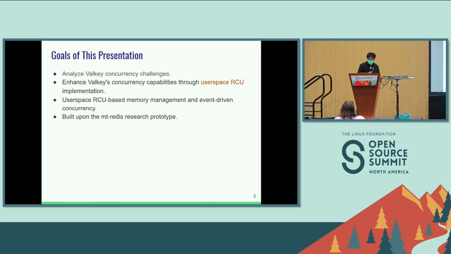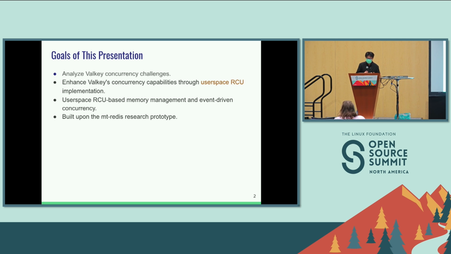And we try to improve the concurrency capability by means of integration of Userspace RCU. And then we want to modify the existing code base for better event-driven concurrency with minimal effort.